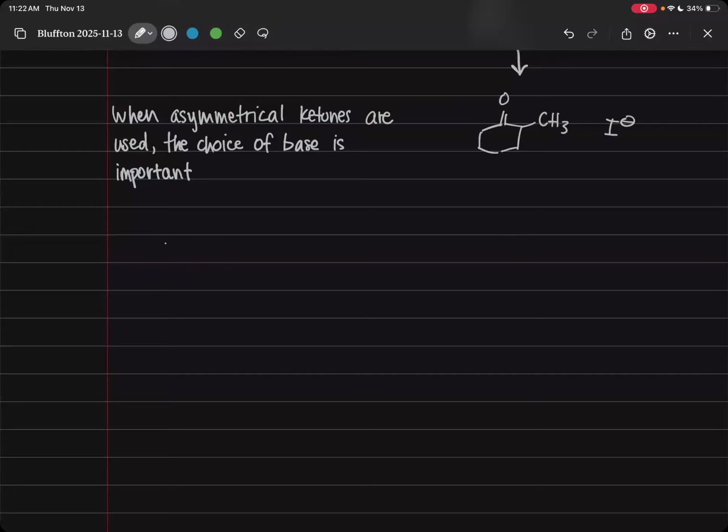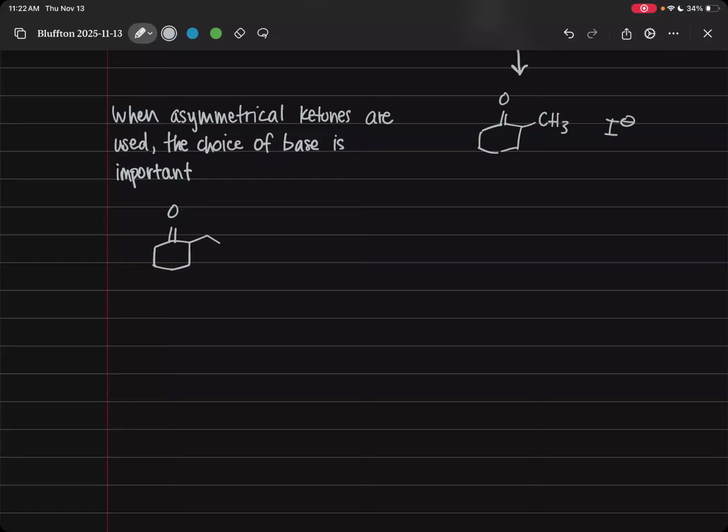So let's say now that we start from this ketone, which maybe we made using the process I just showed you. But let's say we're going to use this as a starting material and do an alkylation.